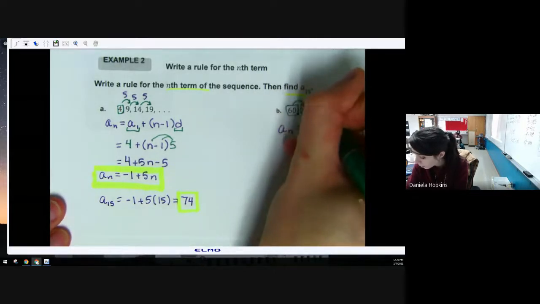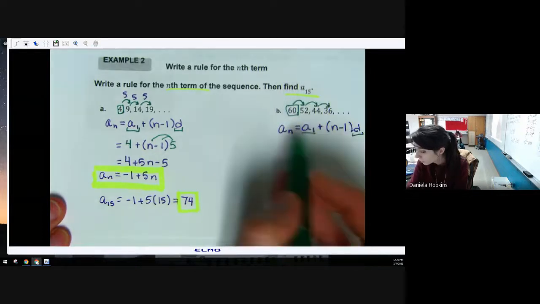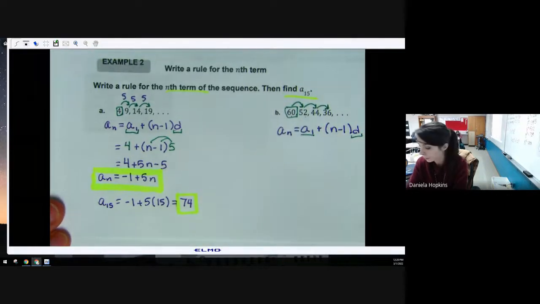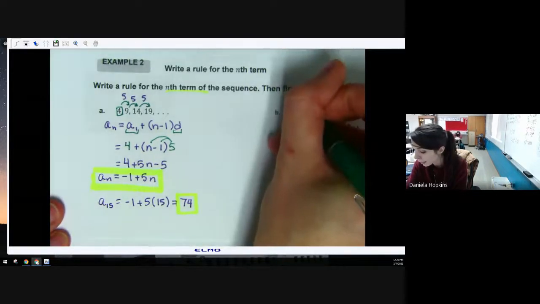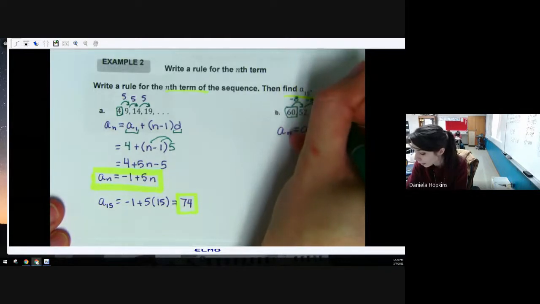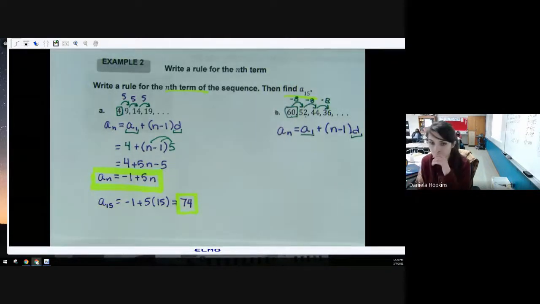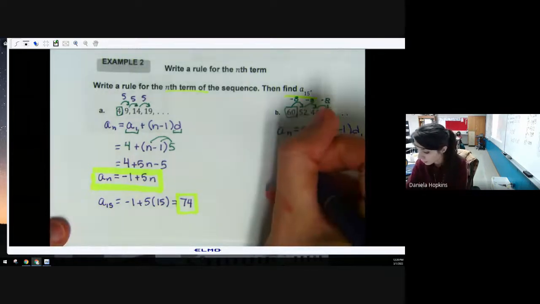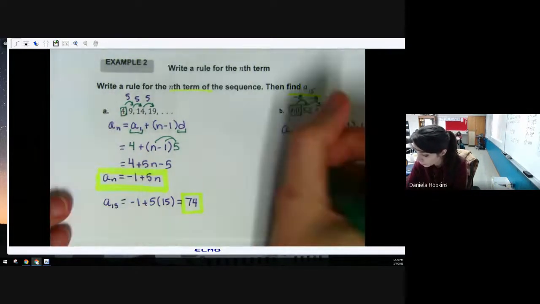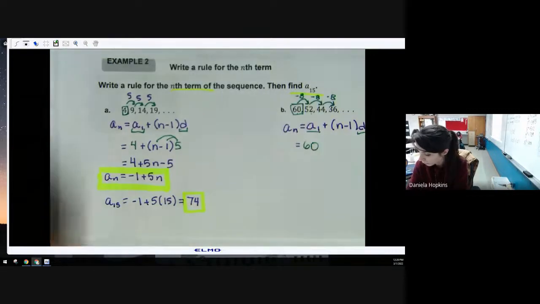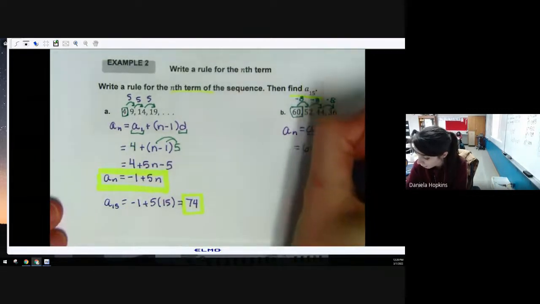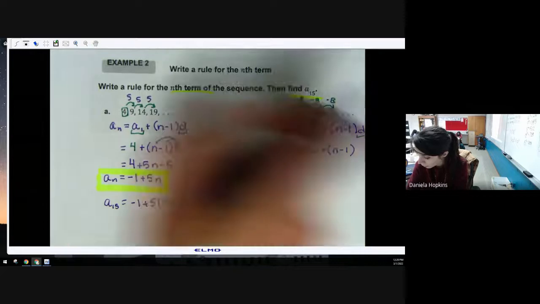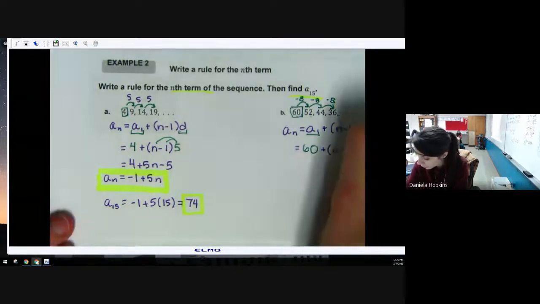Again, your arrow's going this way. How would you go from 60 to 52? Subtract 8. So I'm going to go ahead and put a -8. The sign will matter. So when I plug these in, my a sub 1 was 60 plus n minus 1 times my d, which is now going to be -8.